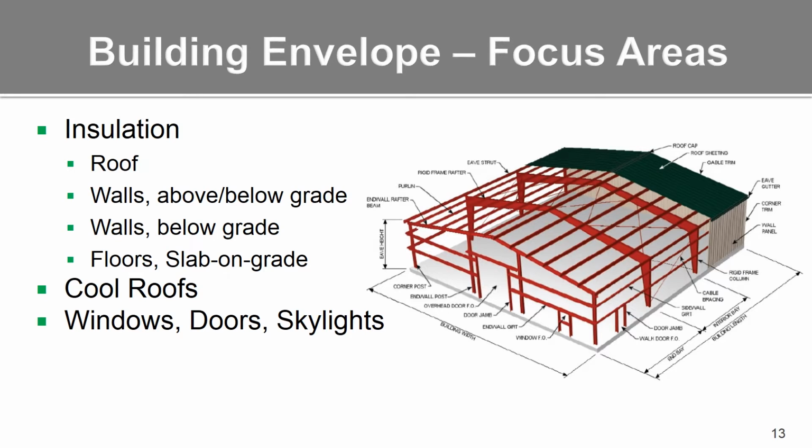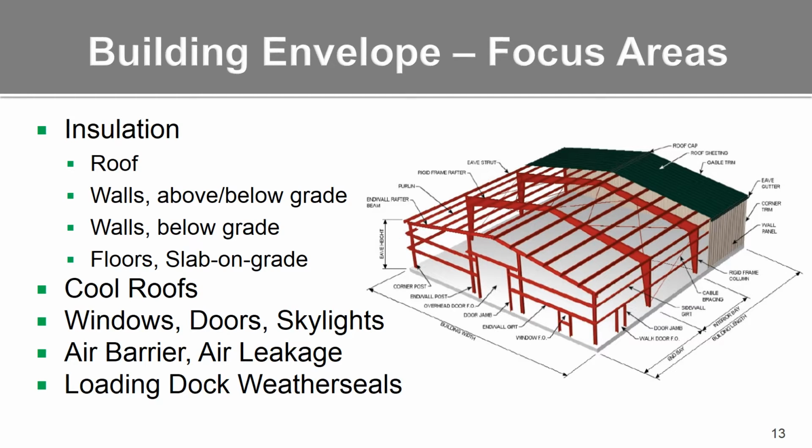The building envelope provisions also look at cool roofs, thermally efficient windows, doors, and skylights, air barrier and air leakage provisions, and loading dock weather seals. And lastly, vestibules, which is included in all building types.